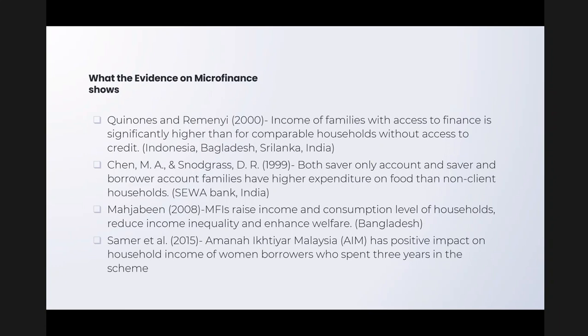That is Amana Ikhtiyar Malaysia, AIM, which has a positive impact on household income of women borrowers who spent 3 years in the scheme. In this study, Samir et al. found that the income of the beneficiaries of Amana Ikhtiyar Malaysia has increased, especially the income of women borrowers.